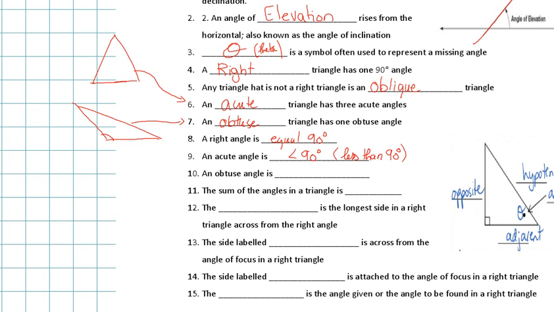Obtuse angle, we said it's greater than 90. So these terminologies you guys need to know.